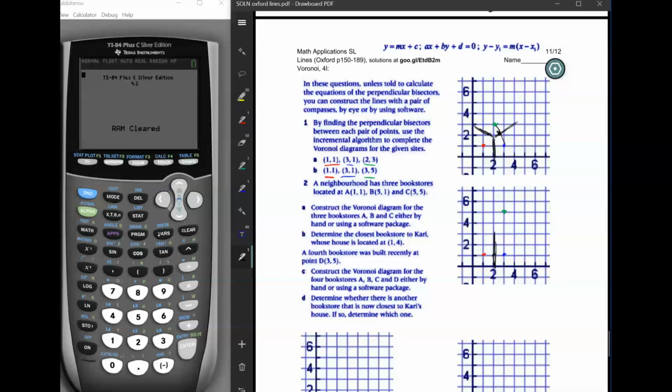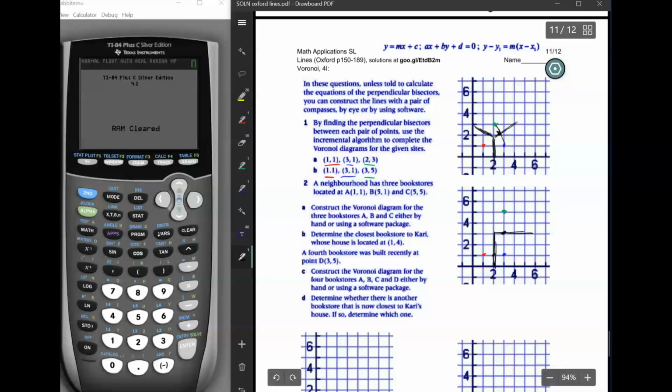It needs to be perpendicular. If we wanted to draw a perpendicular bisector between the line segment connecting green and blue, we would go through this midpoint here, and it would obviously be horizontal because the line connecting them would be vertical.